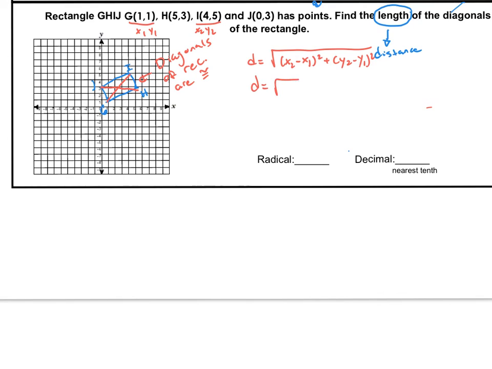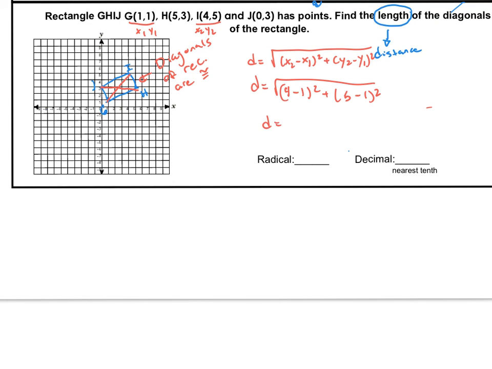Distance is equal to, let's plug this in, 1 minus 4, geez. Okay, let's do this right, okay? It does matter, okay? x2 is 4 minus 1 squared plus 5 minus 1 squared, okay?